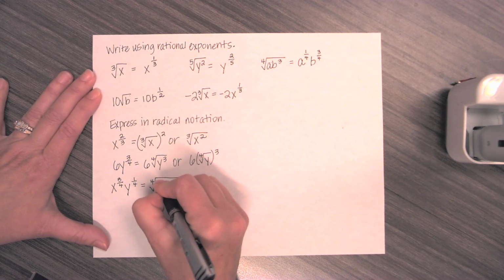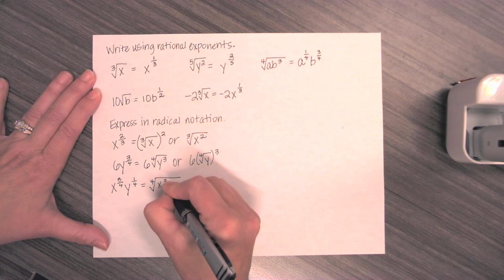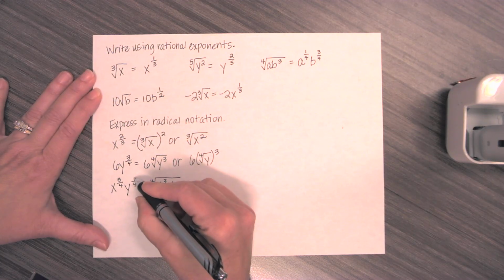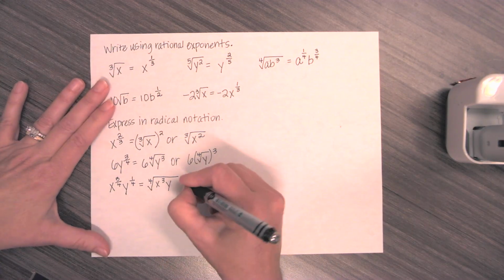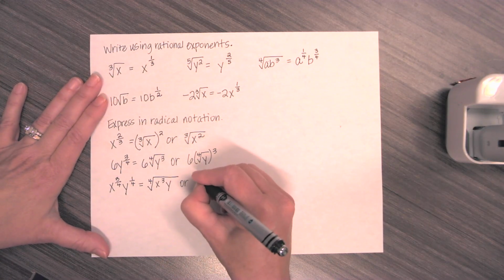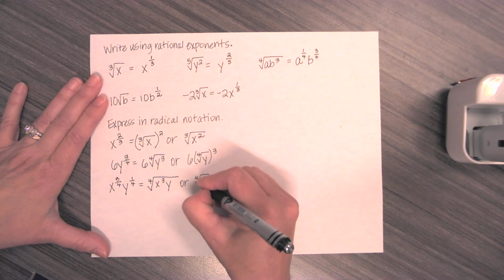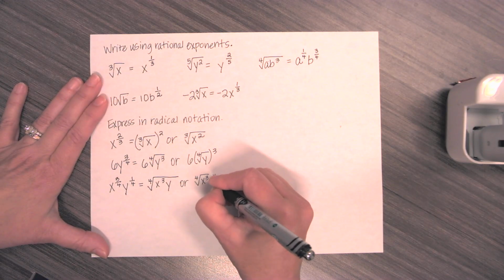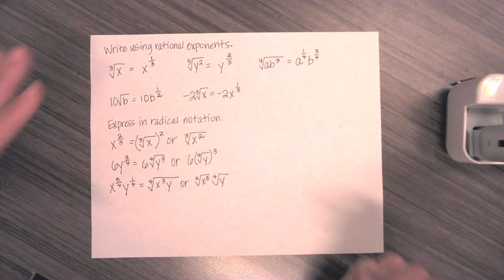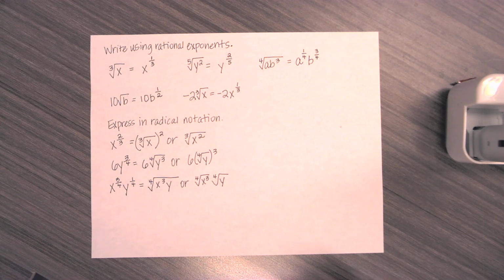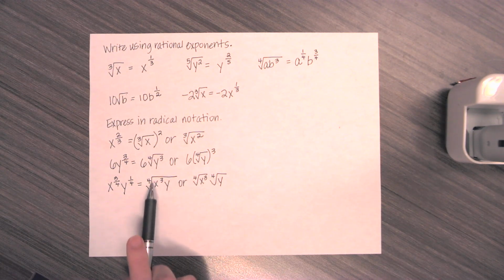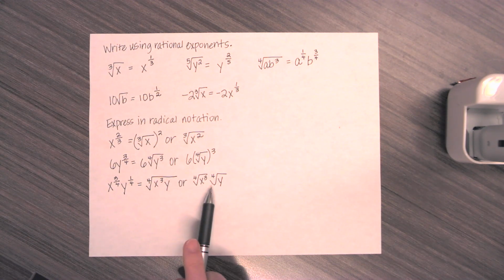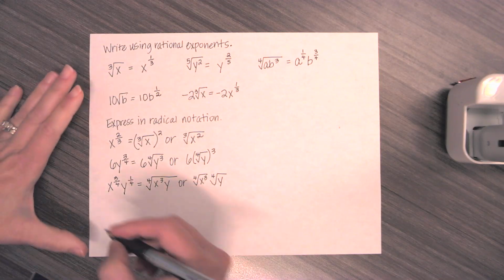And this would be x to the 3rd power and y to the 1st power. Now, if you didn't realize that and you did them separately, that would be okay as well. Okay, so either one of those would be fine. This is probably the better way, but I would accept this as well. And let's do one more.